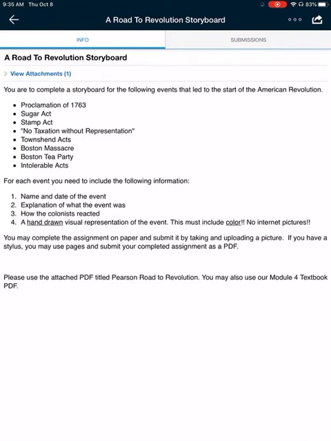What was the Sugar Act? What did it do? And how the colonists reacted. How did the colonists react to the Proclamation of 1763? Were they happy with it? Were they not? What did they do in response to how they felt about it?